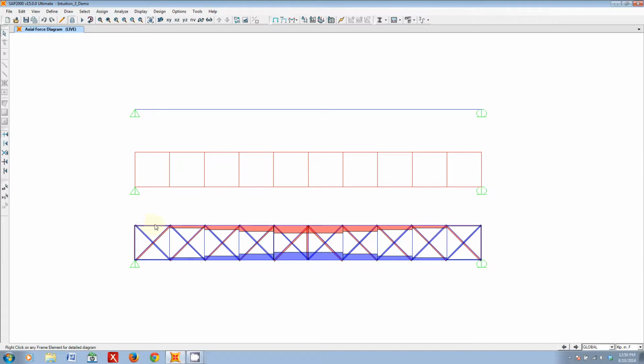And in a similar fashion, we see exactly the same thing in our top chords. We go from near 0 compressive force in our top chords, ramping up linearly to max compressive force right in the middle. Same thing with the tensile chords on the bottom of our truss, since we went from 0 to max tensile stress at the bottom of our beam.